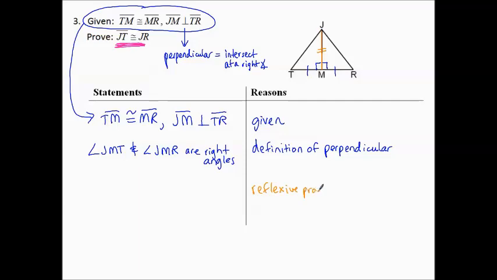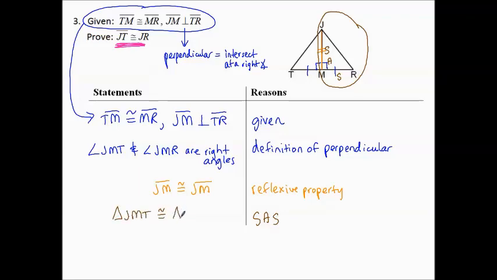Let's mark that we're using the reflexive property because that's our shared side, and segment JM will be congruent to segment JM itself. Now we have enough information. So now, looking at one of the triangles, I can use SAS. Side angle side tells me triangle JMT is congruent to triangle JMR.